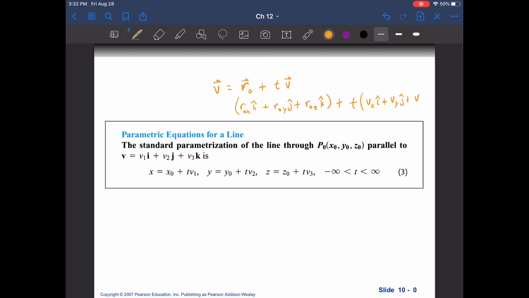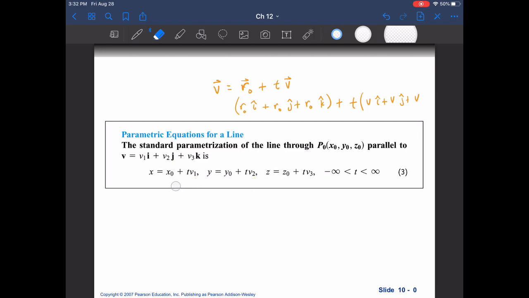They're using 1s and 2s and 3s, and I'm using x's and y's and z's. Let me change it to the 1s and 2s and 3s so it matches up. The 1 is x, the 2 is y, and 3 is z.